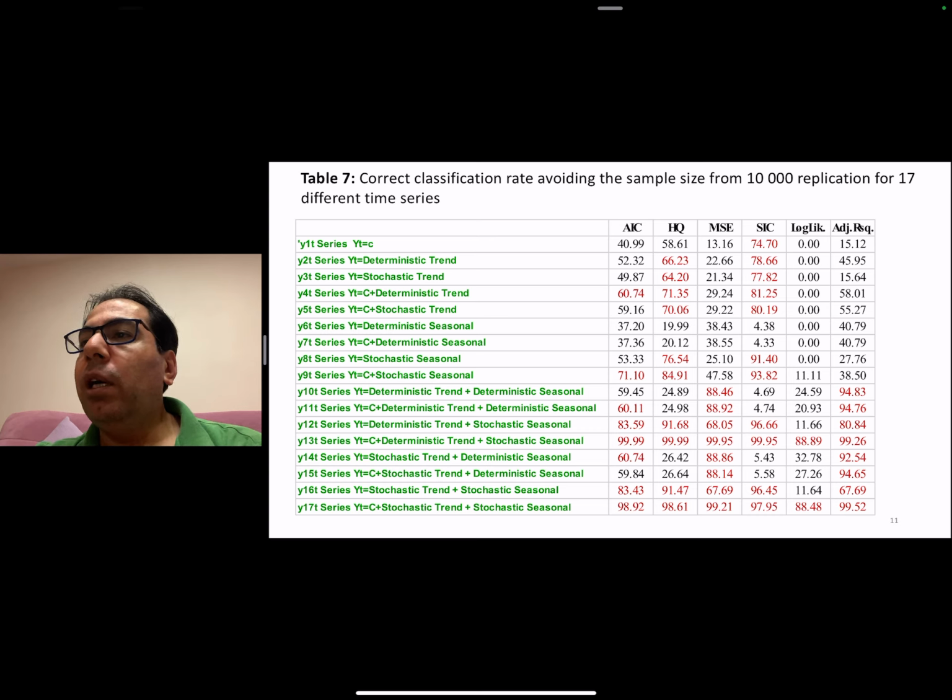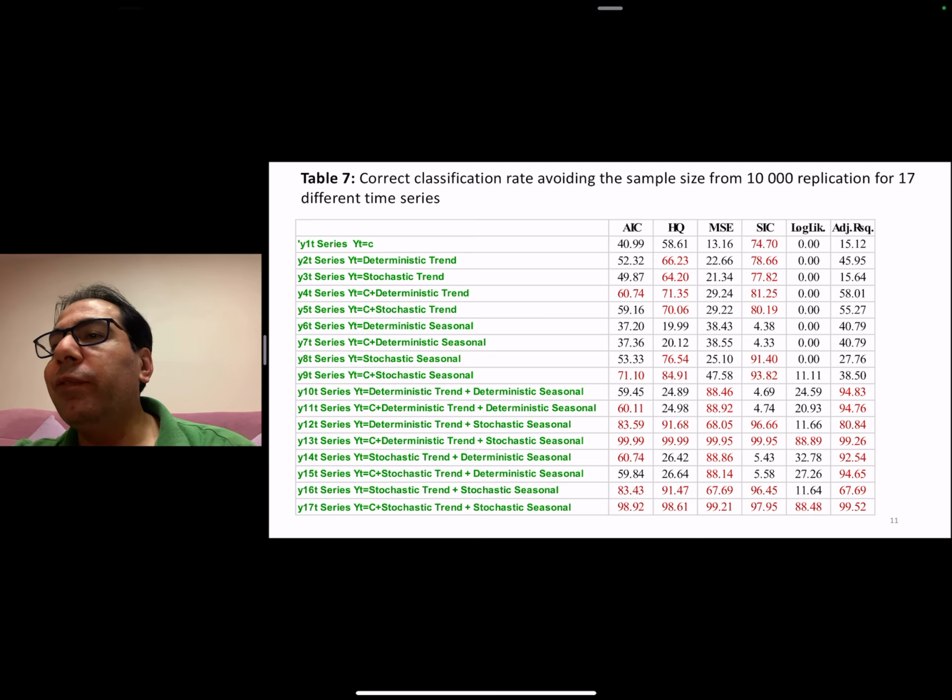Okay, this time I bring all the information criteria into the same table, six of them, avoiding the sample size, just comparing in general how they classify, the correct classification rate.